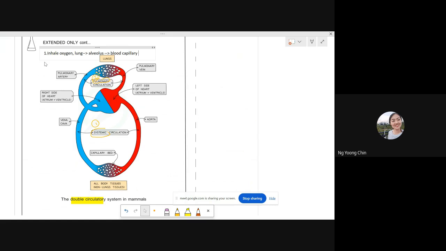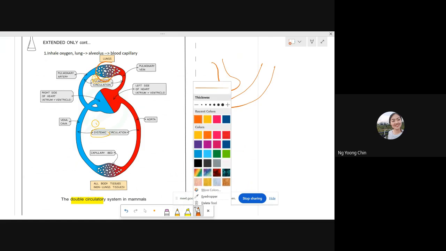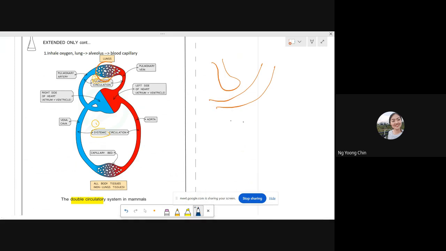So this stage happens in this way: the alveolus is connected to the blood capillary. Initially, what does the blood capillary contain? It contains deoxygenated blood. The deoxygenated blood carries red blood cells, so the red blood cells initially carry the deoxygenated blood here.